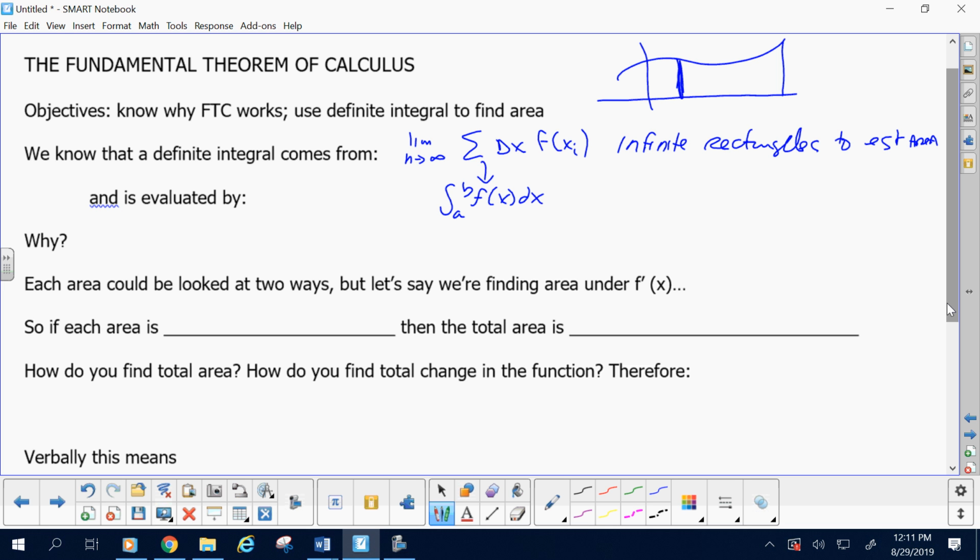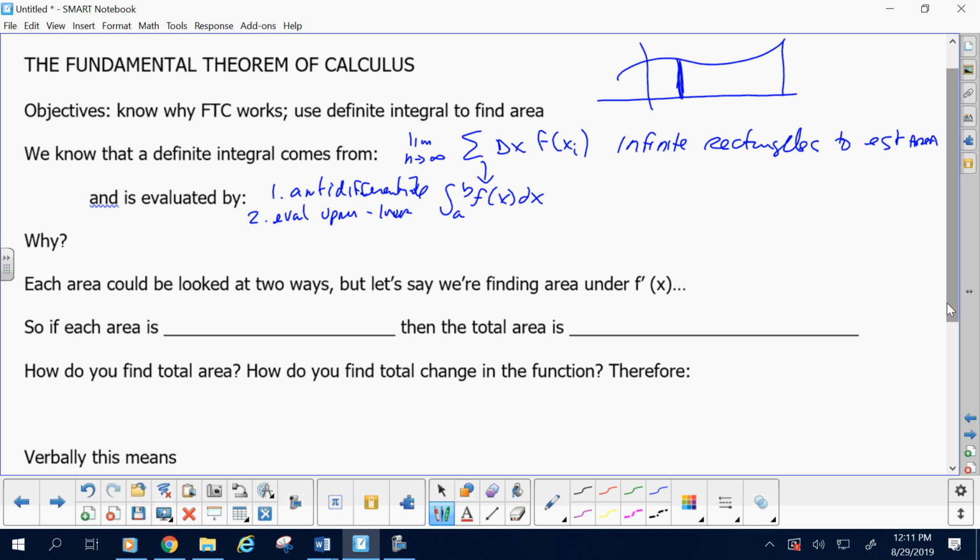Now we know from calculus experience that when you evaluate a definite integral, what two steps do you do? You integrate or anti-differentiate, and then evaluate at the upper minus lower, right?